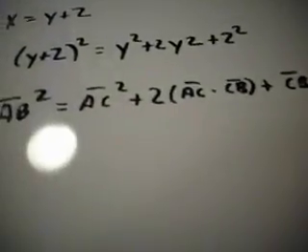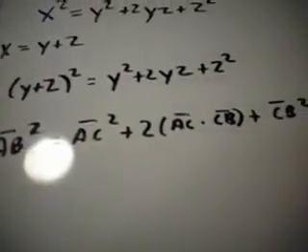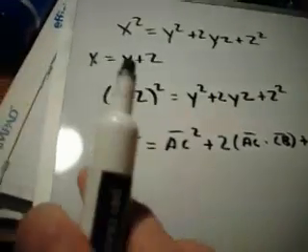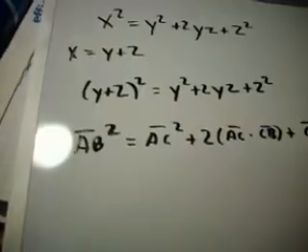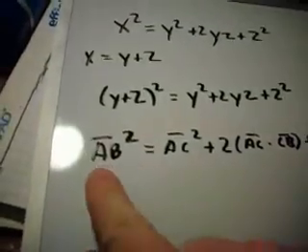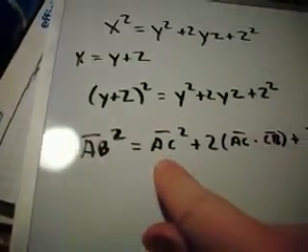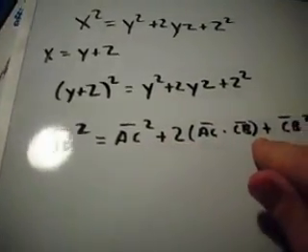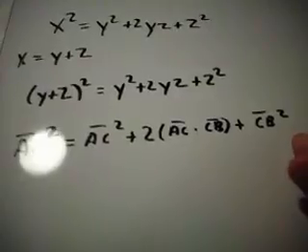That's right. So we're going to take actual lengths from this diagram right here and then translate it to this. And that's how we'll come up with AB squared equaling AC squared plus 2 times AC times CB plus CB squared.